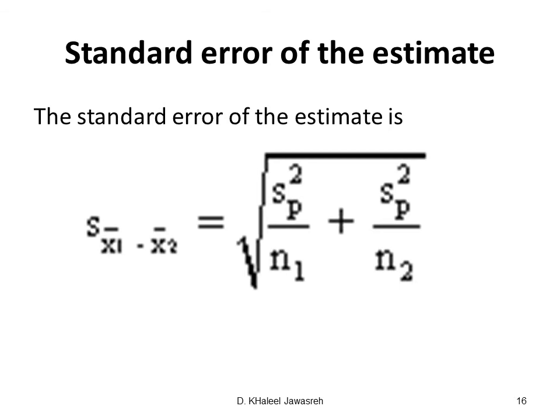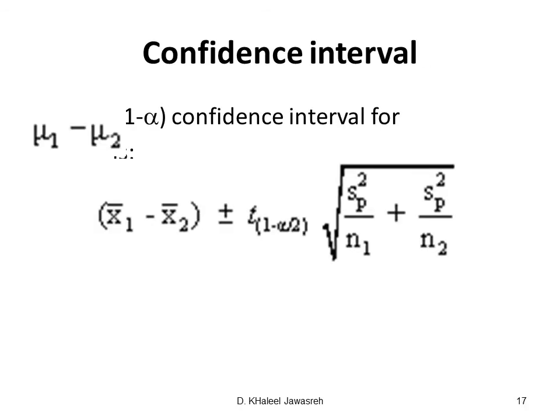S square P is calculated from the previous step, and you can just add it to this formula to obtain the standard error of the estimate, which is necessary for obtaining the difference between the two population means.